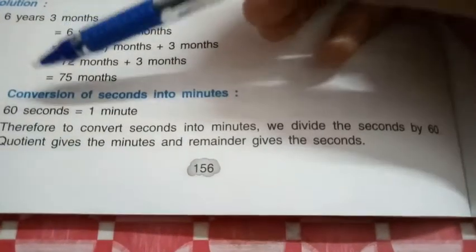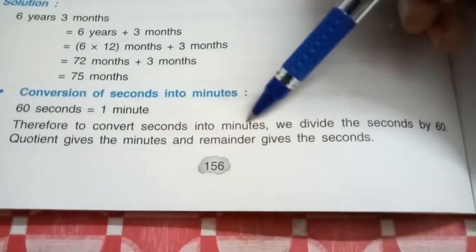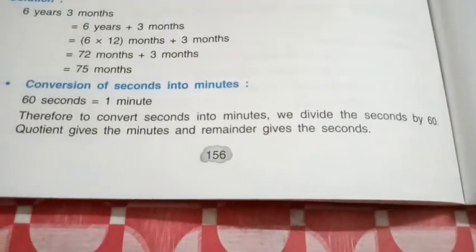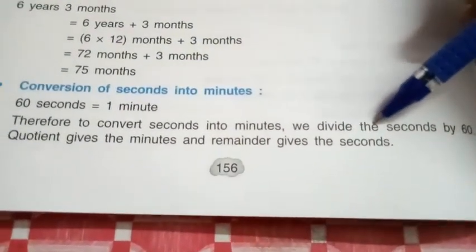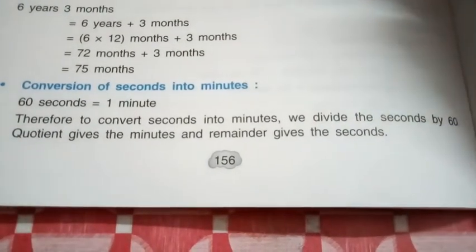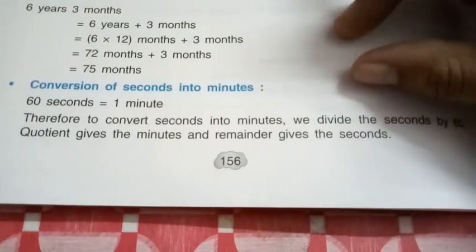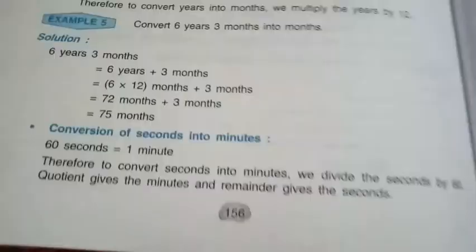The quotient will be the minutes and the remainder gives the seconds. Suppose the number cannot be fully divided, something may remain over, that is called the remainder. So the remainder will be counted as seconds.